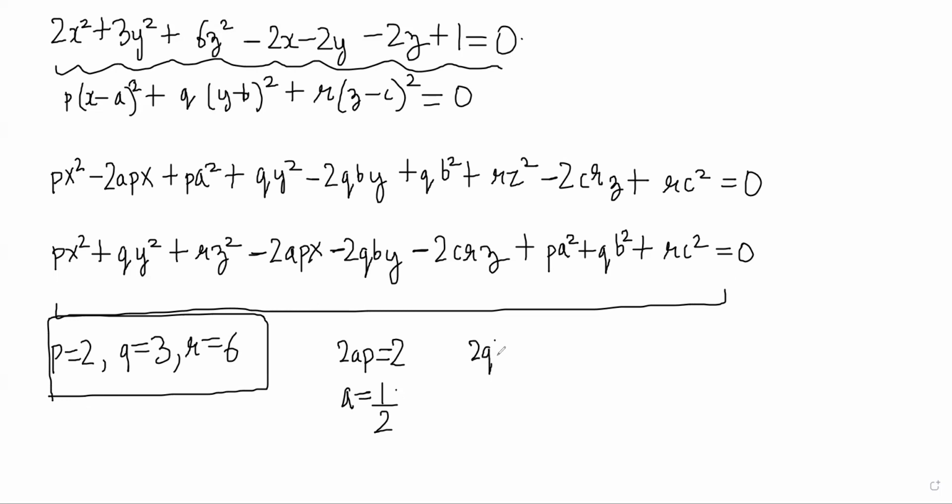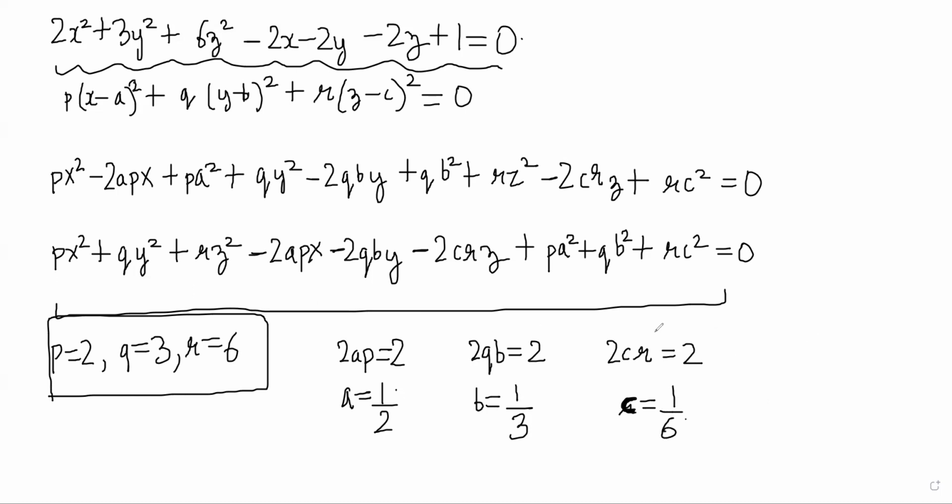And 2qb should be equal to 2, and therefore b is equal to 1 by 3. And 2cr should also be equal to 2, so c is equal to 1 by r. So c is basically 1 by 6.